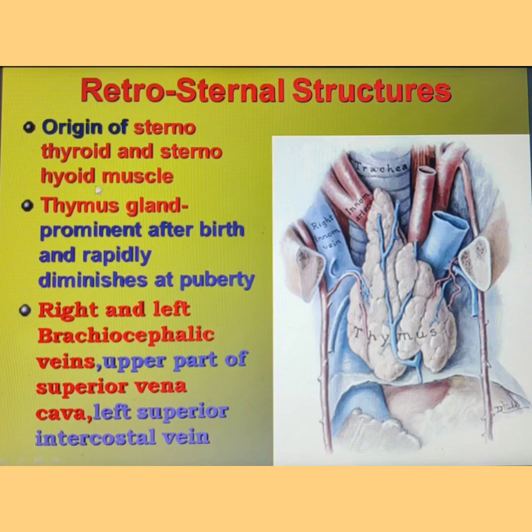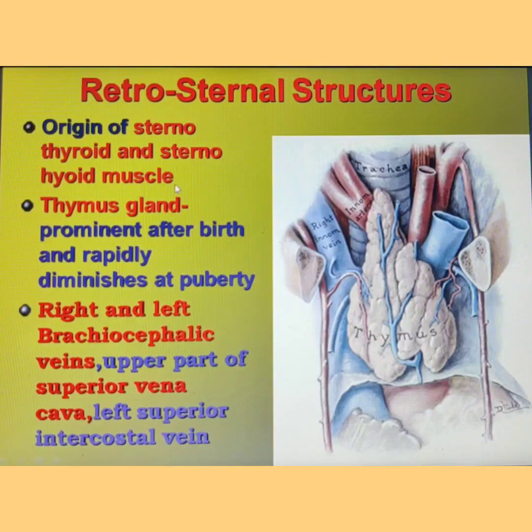Retrosternal structures, which are behind the sternum in the superior mediastinum. The origin of the sternothyroid and sternohyoid muscles. Remember these muscles, we have dealt with them in the head and neck. These are the infrahyoid group of muscles.